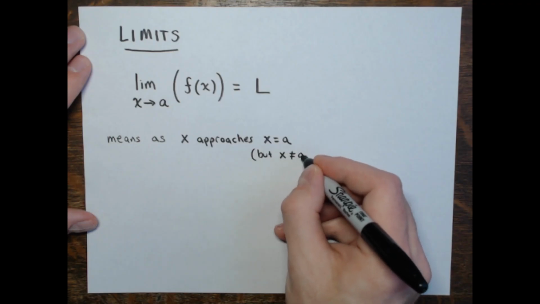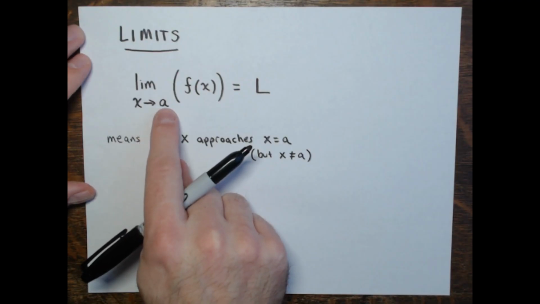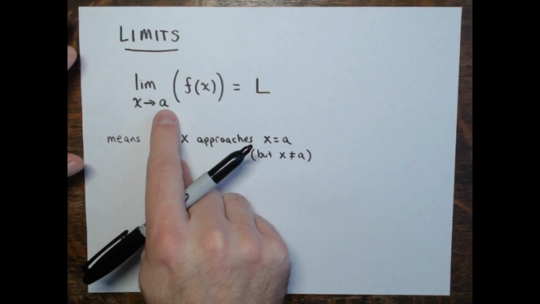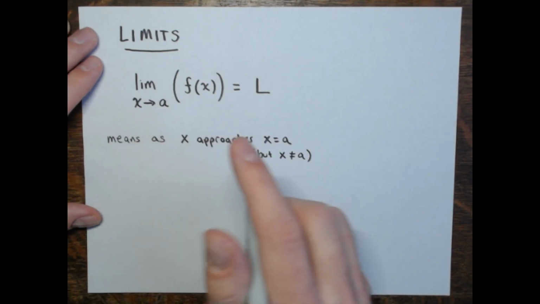So we're going to get closer and closer to this a value, but not actually plug in the value of a initially here.